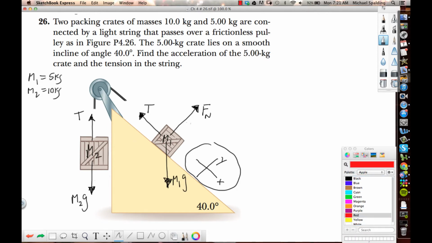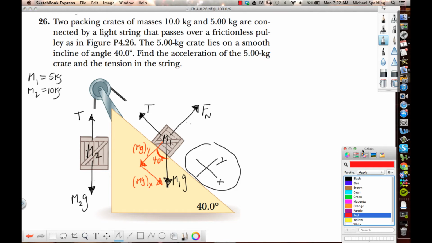With the red pen, right there is the y component of mg, and right here is the mg x component. And what's this angle inside here going to be? You can prove this with geometry. That angle is the same as the incline. Whatever the angle of the incline is, the angle in there is the same.